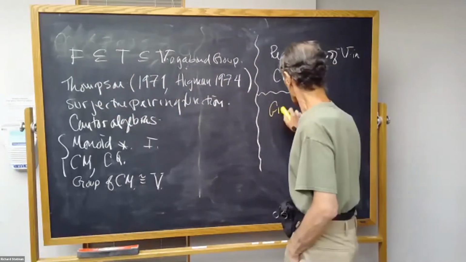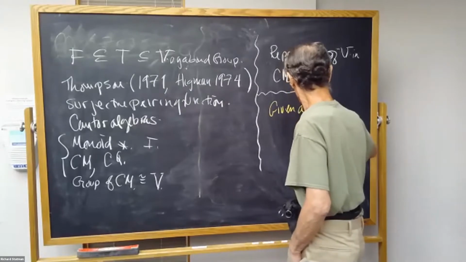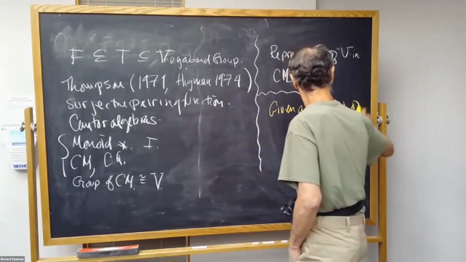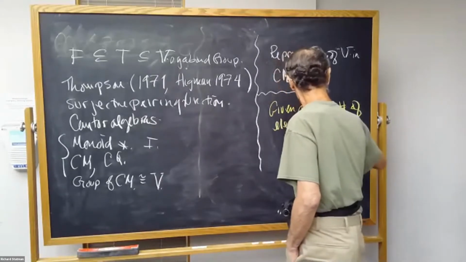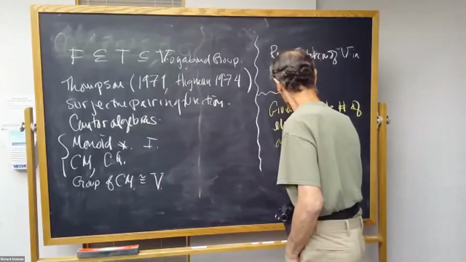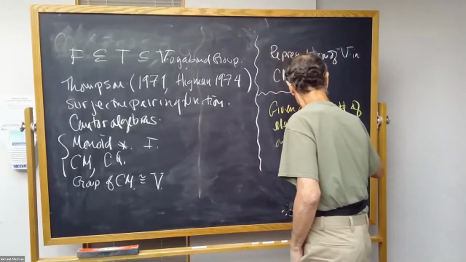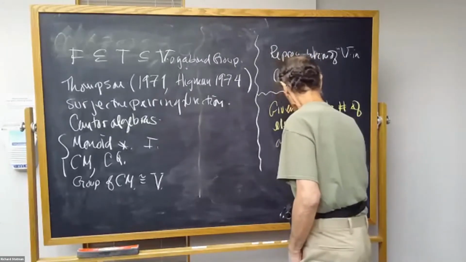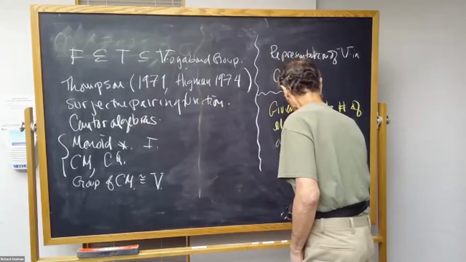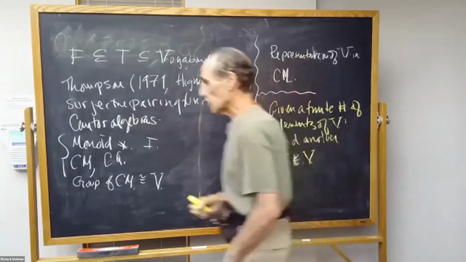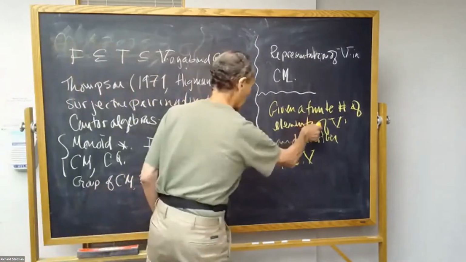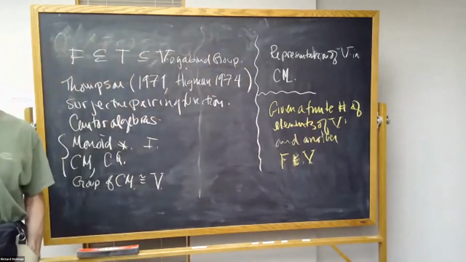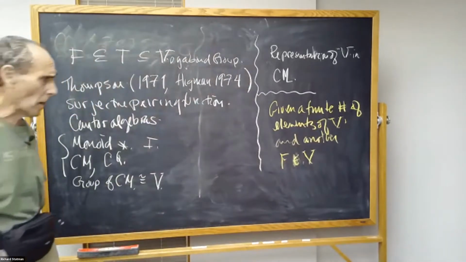Suppose I'm given a finite number of elements of V and another, say F, element of V, can we decide by an algorithm whether or not F is in fact in the subgroup generated by that finite number of elements of V? So that's the kind of decision problem that I want, the membership problem.